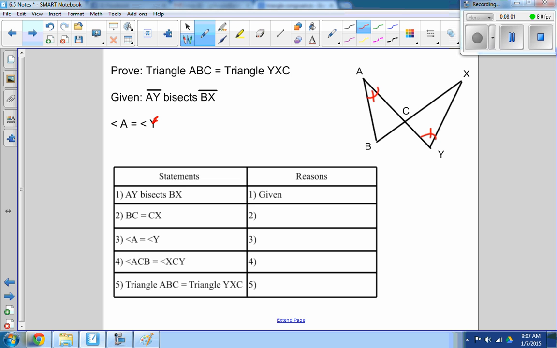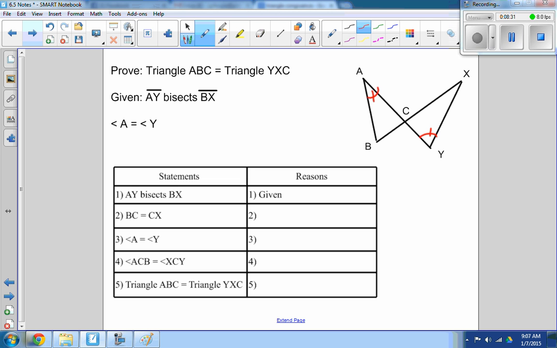That should be angle X. All right. So AY bisects BX. Oh, no, actually, I'm sorry. That was not a typo. That actually is what it's supposed to be. My diagram here is just a little off. So it's not drawn to scale.